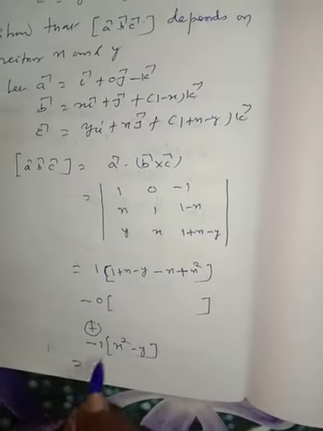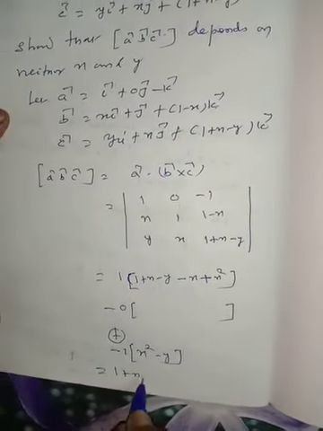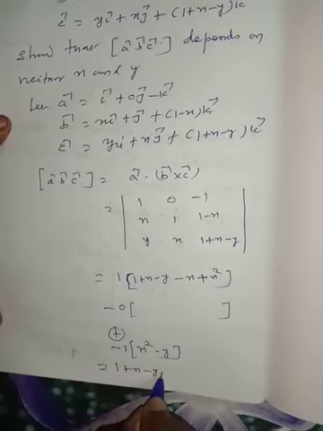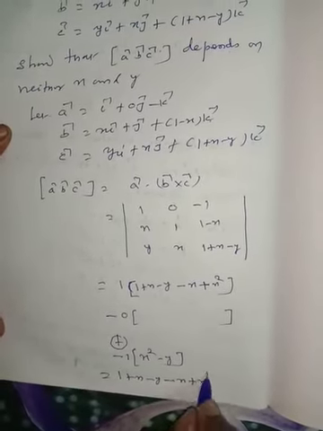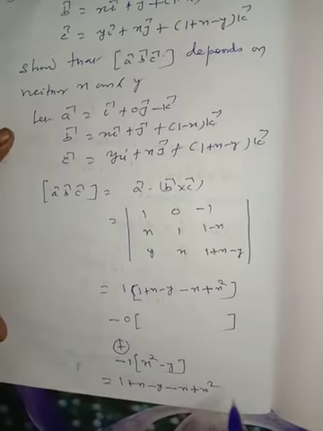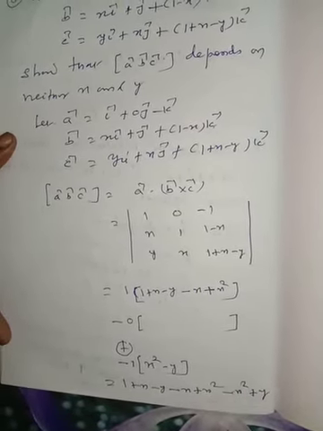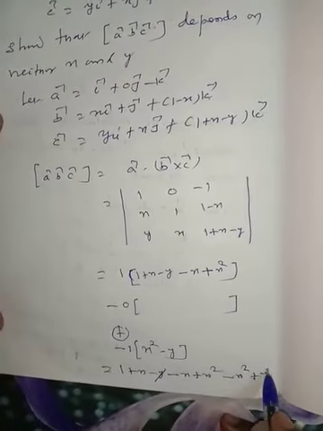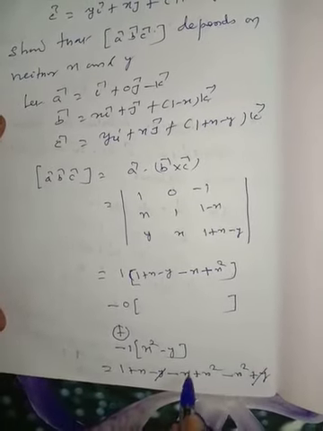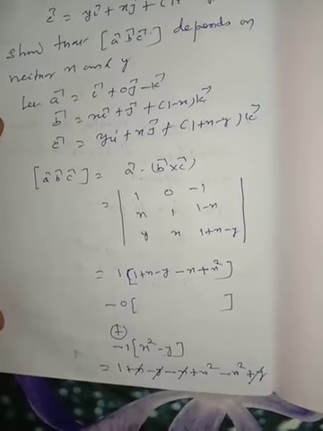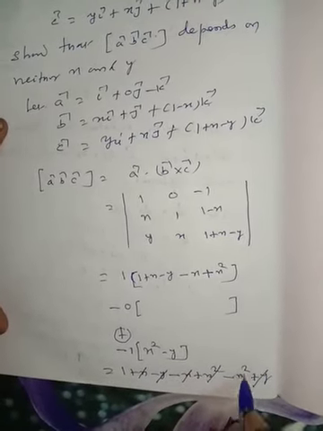Now 1 into this 1 plus x is equal to 1 plus x minus y minus x plus x square. Now minus x square plus y. Plus y minus y cancel, minus x plus x cancel, x square minus x square cancel.